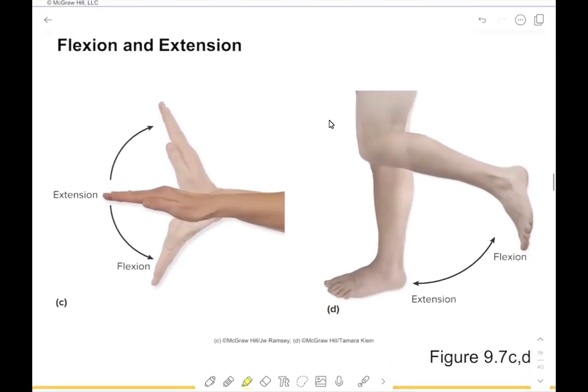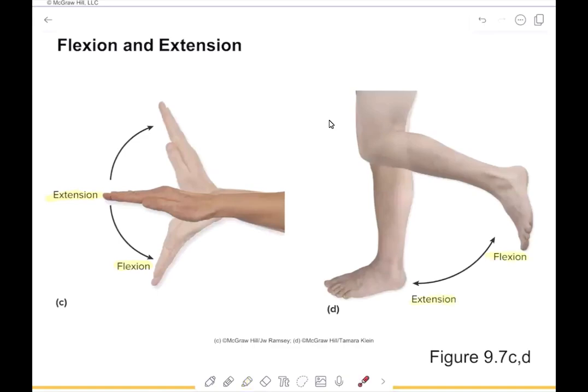We also see flexion and extension here at the carpal joint. So flexion would be decreasing the angle here, whereas extension would be increasing the angle. We also see flexion and extension at the knee joint.